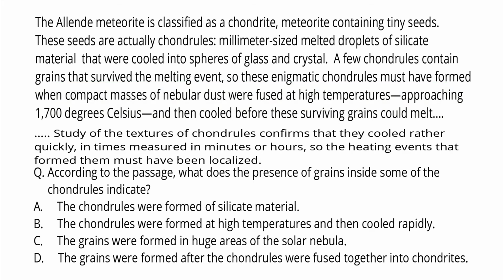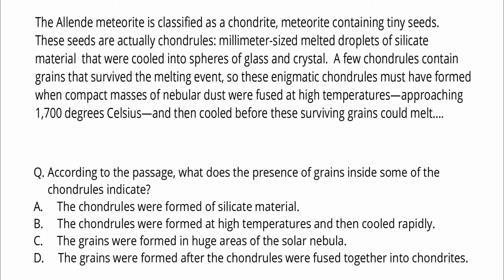C. The grains were formed in huge areas of the solar nebula. C is not mentioned. The passage says that the melting and rapid cooling suggests that the chondrules were formed locally. But it does not say how the grains in chondrules were made. D. The grains were formed after the chondrules were fused together into the chondrites.